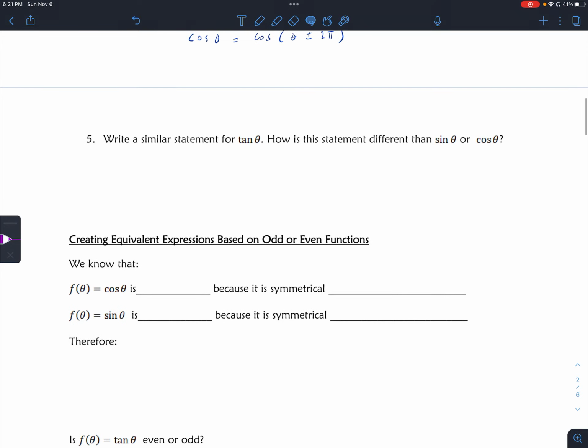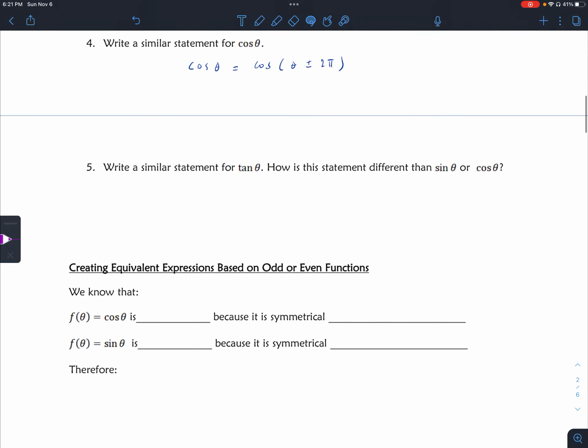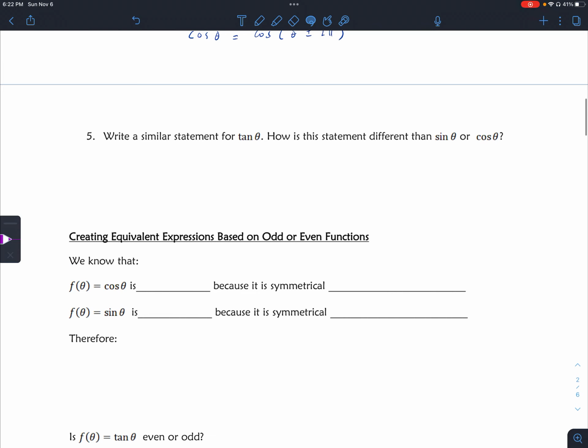Now we want to write a similar statement for tangent theta. How is this statement different from sine theta or cosine theta? You have to think back and try to remember, what is the period of tangent? Tangent has a period of 180 degrees. It's half the period of sine and cosine.